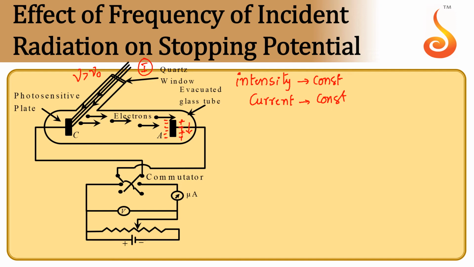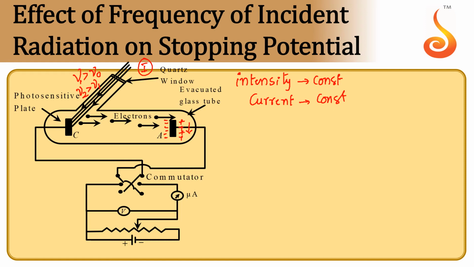the intensity constant. Now if we try another frequency of light which is greater than the previous one, say nu2 which is greater than nu1, and again repeat the same steps, we can identify that the stopping potential of the given system increases, because when the frequency increases, the kinetic energy of the electrons also increases.